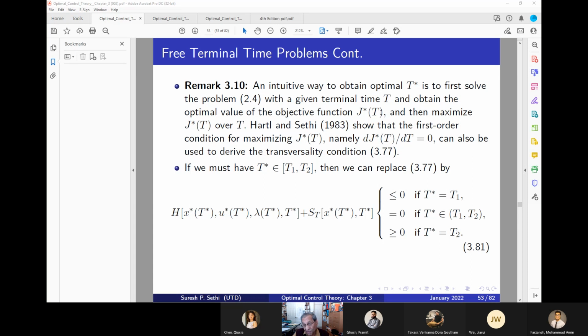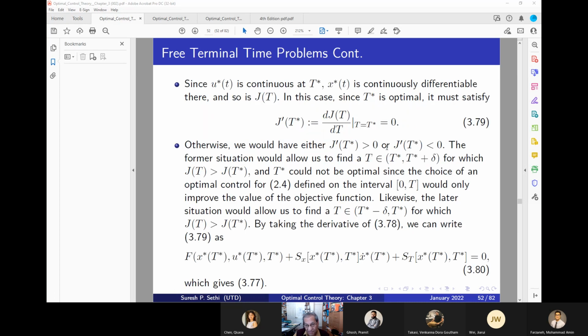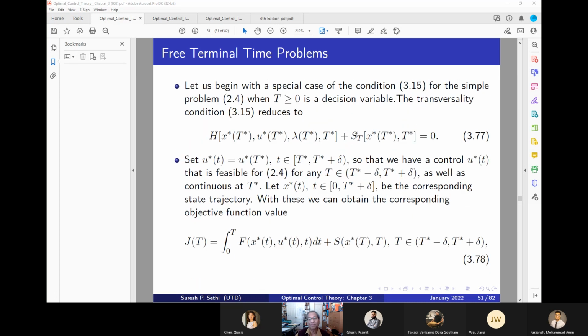So it's only a function of one variable, and now I use calculus. I take the derivative of that with respect to t and set it to 0. That's called the first order condition. And if I do that, it should give me this condition.